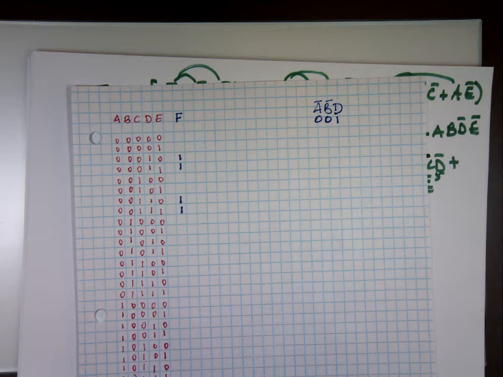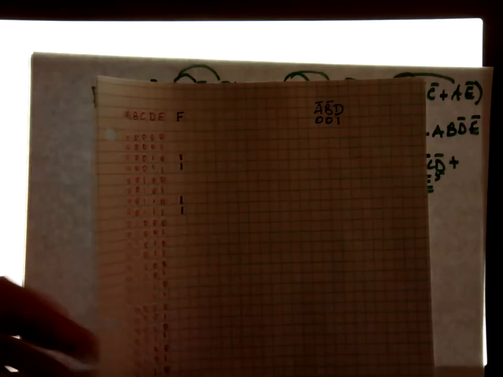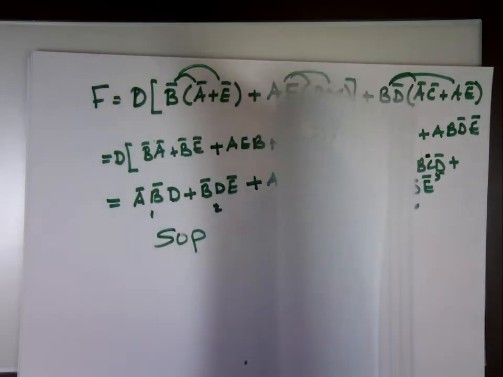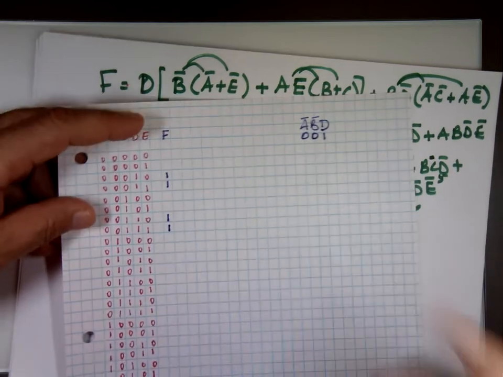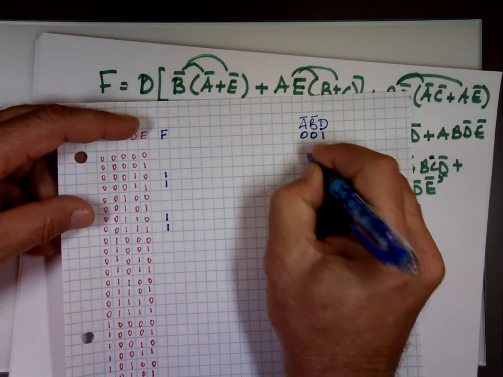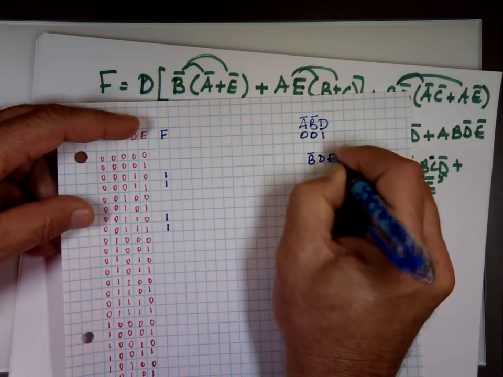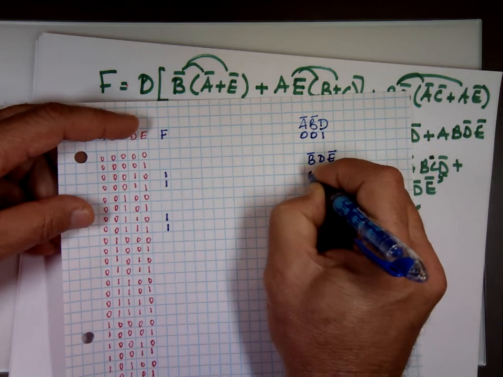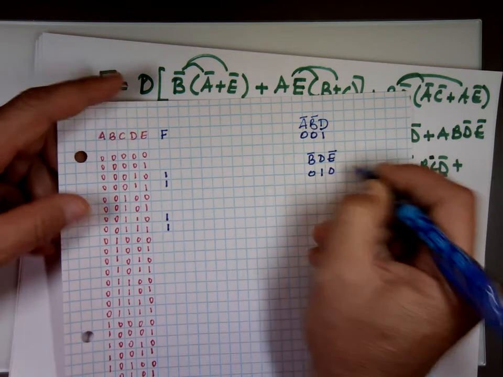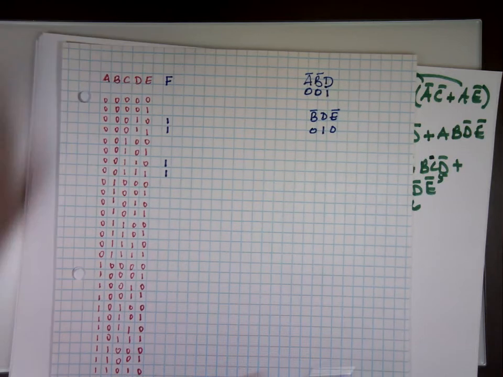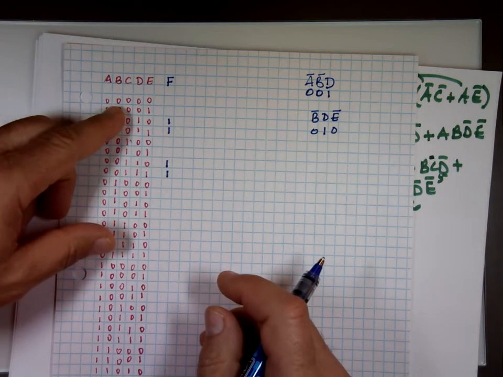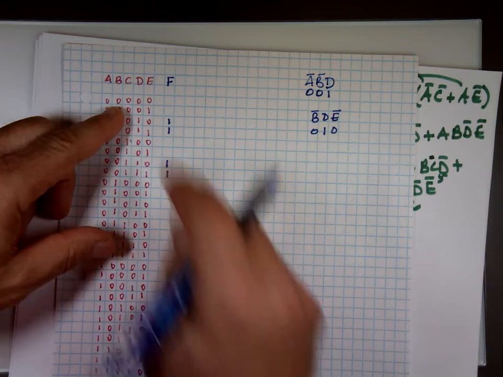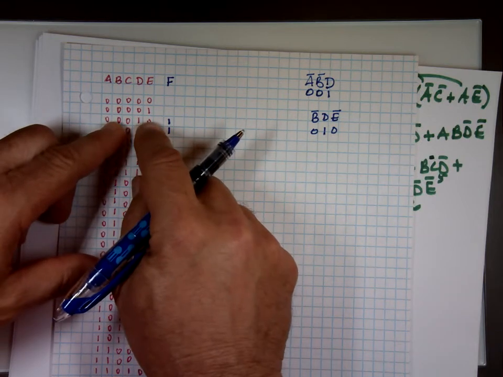The second one. Okay. The second one, B bar, D, E bar. That means what? 0, 1, 0. Let's find out where B is 0, D is 1, and E is 0. 0, 1, 0. See it?